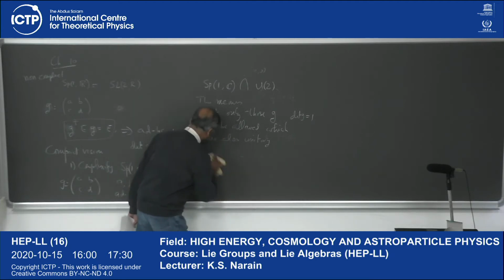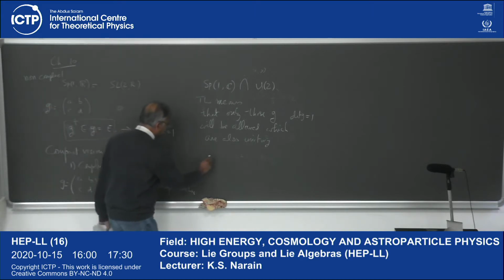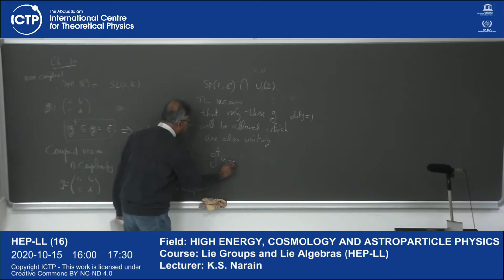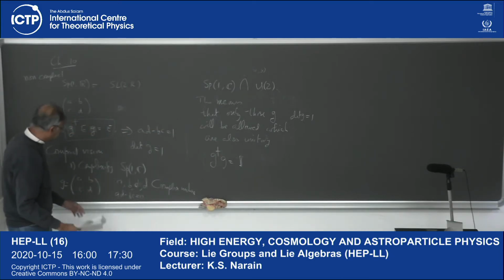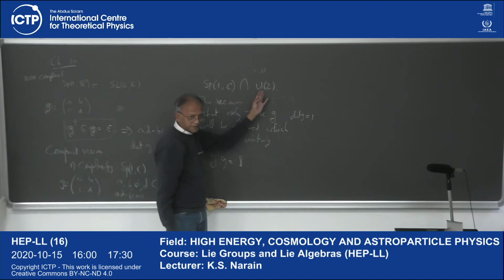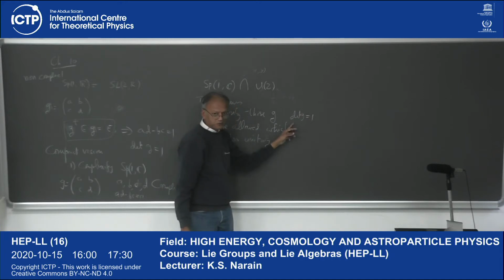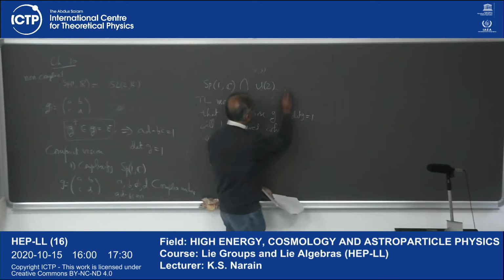We can obtain the conditions by just taking G dagger G equal to 1. That will give me some conditions on A, B, C, D. But whenever those conditions are satisfied, that will be an element of U2, right? But in fact more than that, because we also have the condition determinant of G equal to 1, so the intersection will only be SU2, right? You see? So this is in fact SU2.